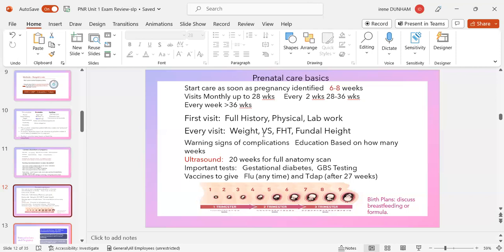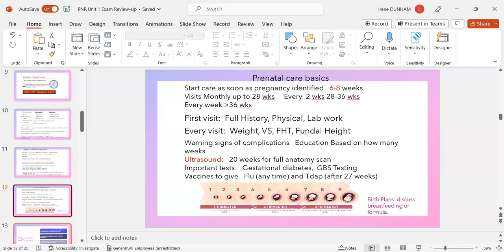That's a good way. For the vital signs, we're looking for that 30-15 rule with the blood pressure. If she's starting to go up on her blood pressure, we want to make sure that we're on top of things. And the fetal heart tones every visit, and you use a Doppler to pick them up.